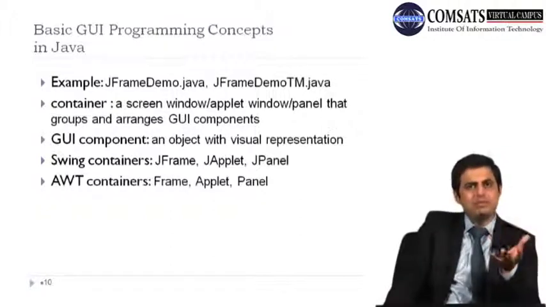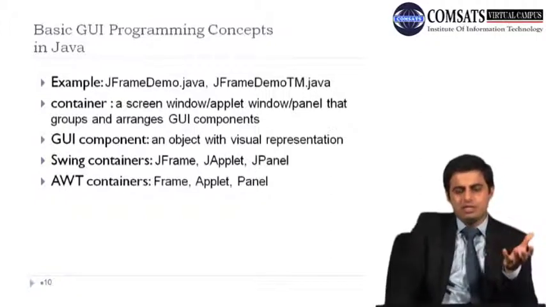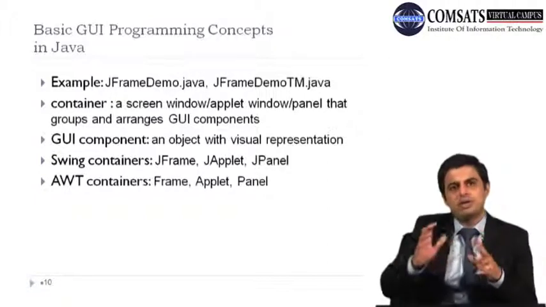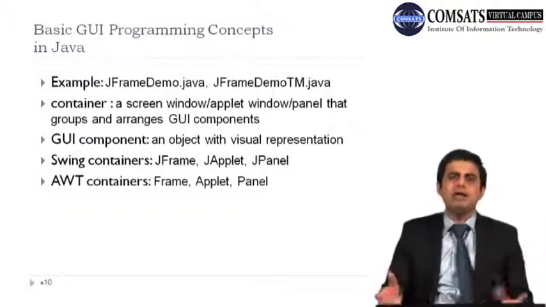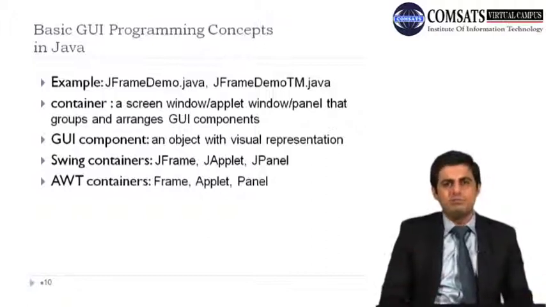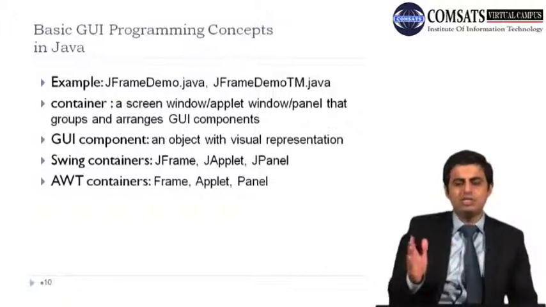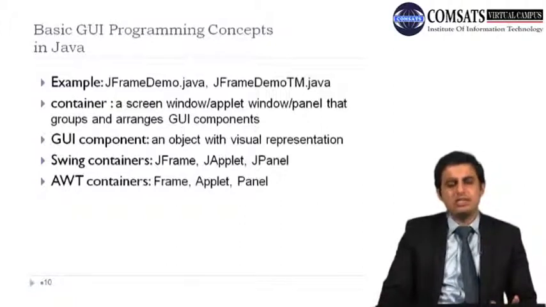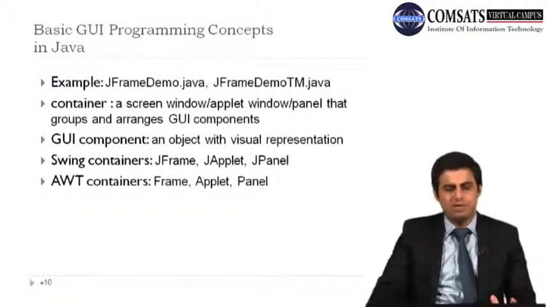If you want to use an applet in your program, then you can import JApplet. And then there is a JPanel as well. A panel is a different kind of container, and it contains different kinds of components in it. So these are 3 examples of containers, and these containers can have different kinds of components in them.